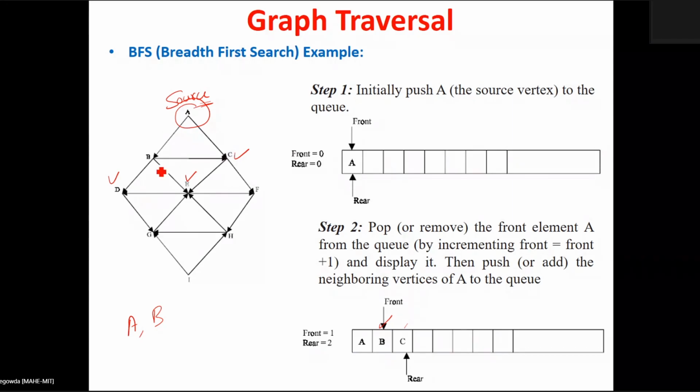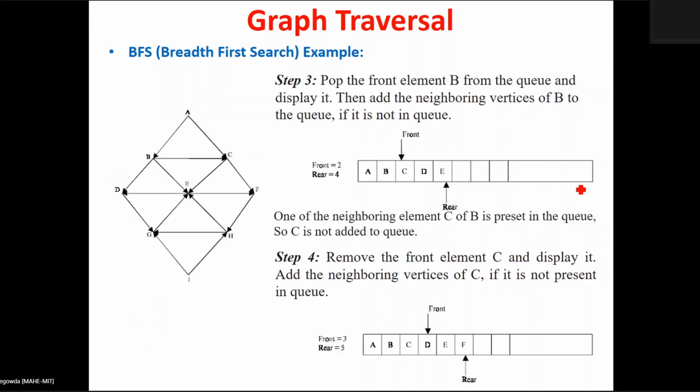In this case, you are supposed to push only D and E. After pushing D and E, you will get these values. I displayed A and B, meaning I visited A and B, and this is the status of the queue. Front is pointing to C and rear is pointing to E.